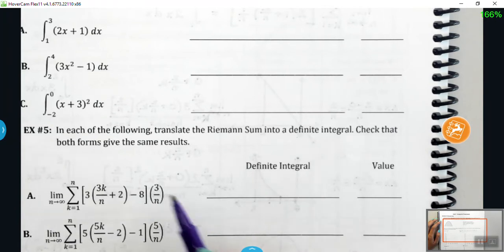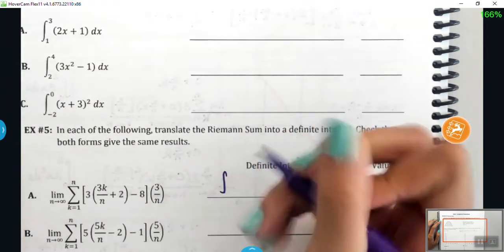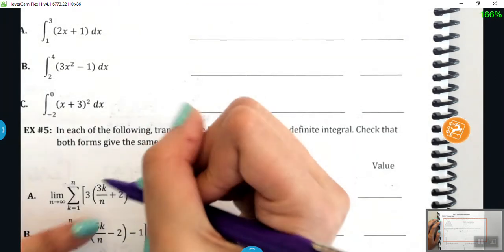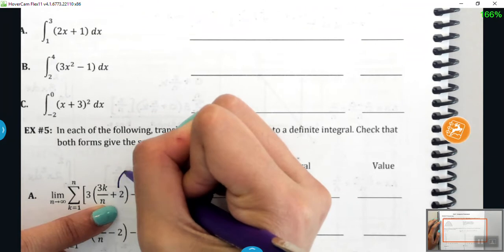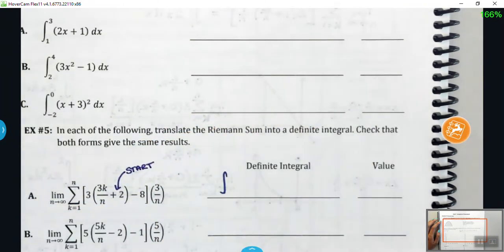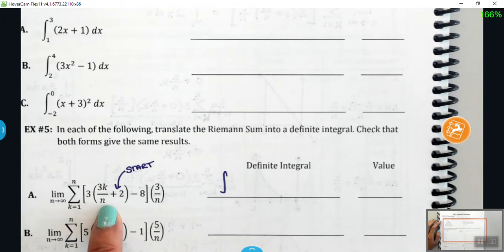To solve these, the first part of our integral, we need to find our bounds. The start bound will come from our first location of what we plug in. So that's this plus 2. Remember from the last problem, it was your initial value plus the width of your interval, right?